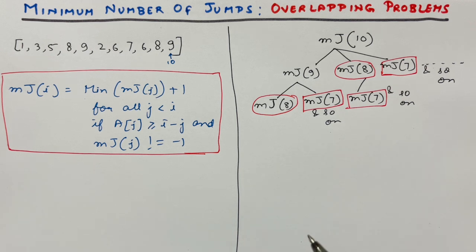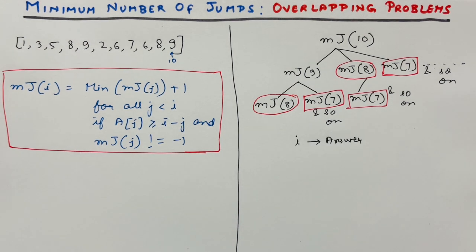How can we solve this? We can do one thing. Whenever we solve for an input, we store its answer in some storage. And whenever we see the same input again, instead of solving it again, we just go to that storage and return our answer from there. So we basically need to store information like that for a particular index i, this is our answer.